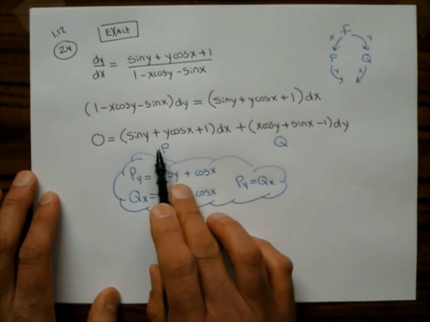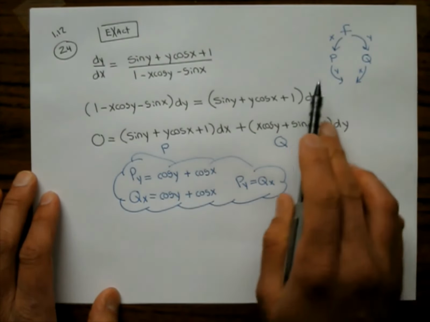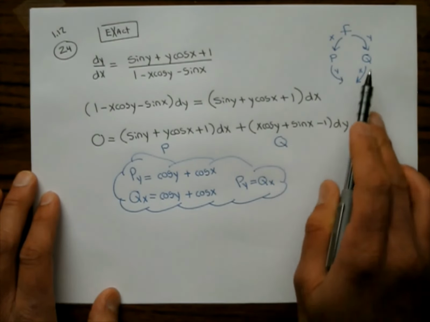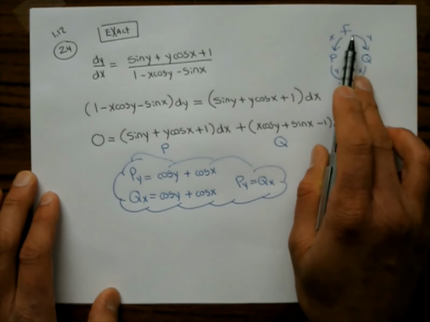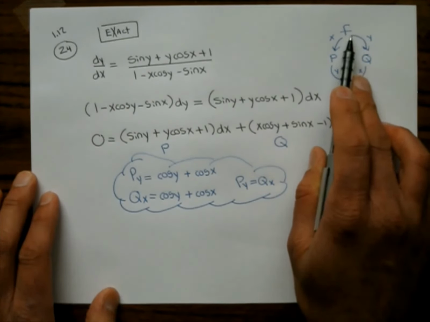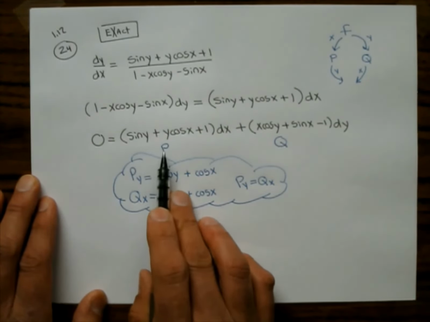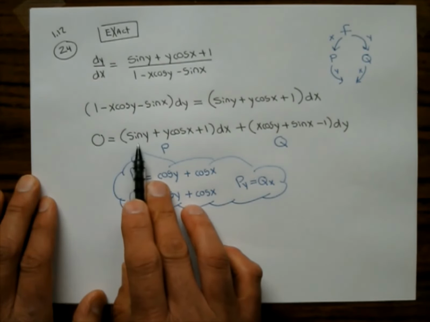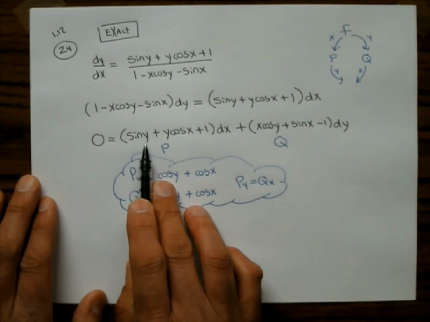To get our answer, we're going to take the antiderivative of this with respect to x, and we'll take the antiderivative of this with respect to y. If there's some common terms that have x's and y's, we should see them in both things. So I'm going to take the antiderivative of sine y with respect to x.